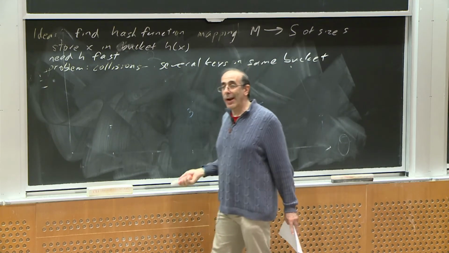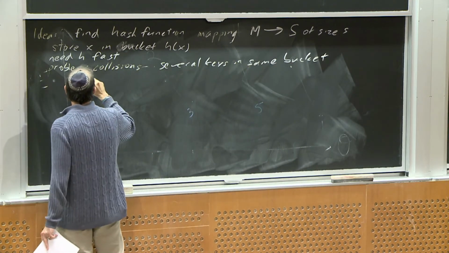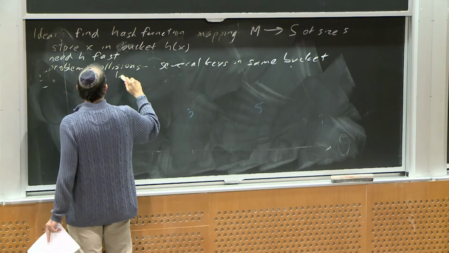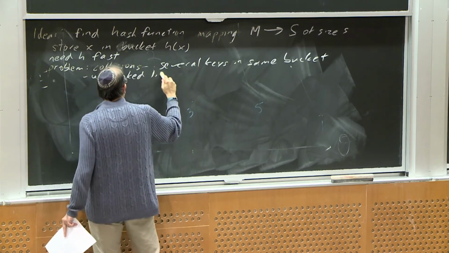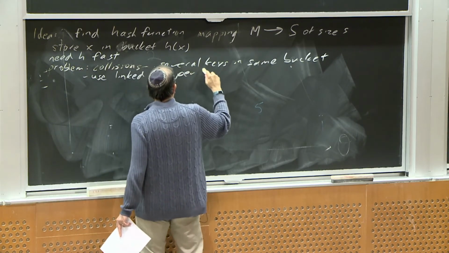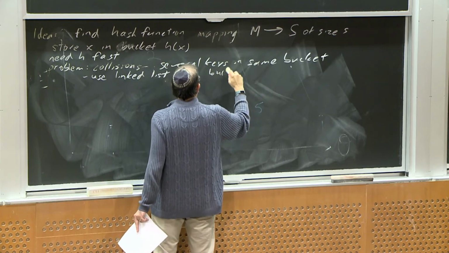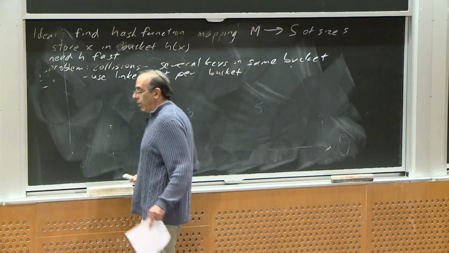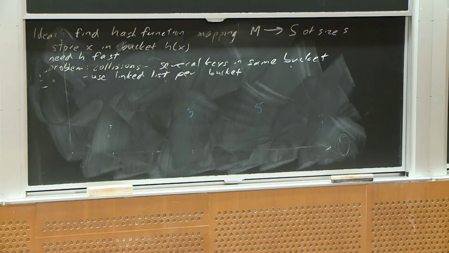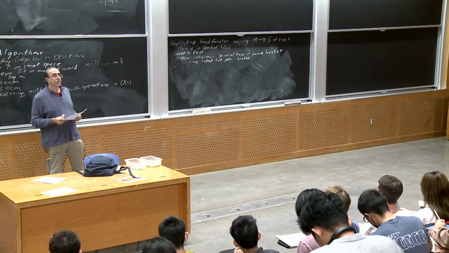Now, in terms of correctness, we can fix this pretty quickly. We can just put in a linked list per bucket to deal with the fact that more than one item might be in the bucket. But what might result? What might go wrong?